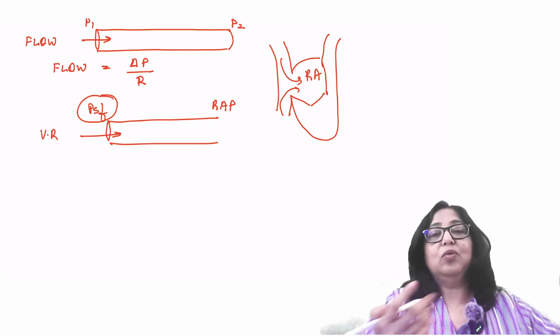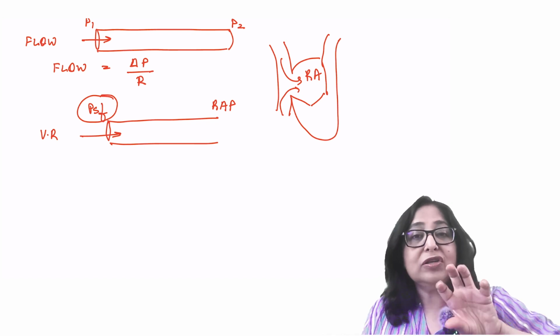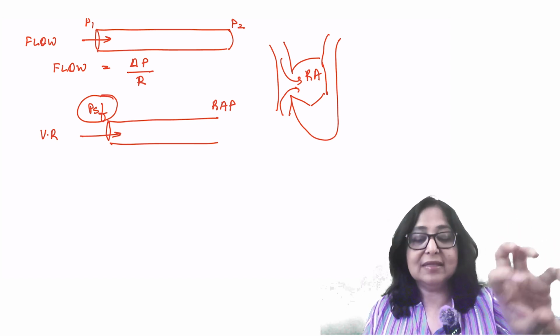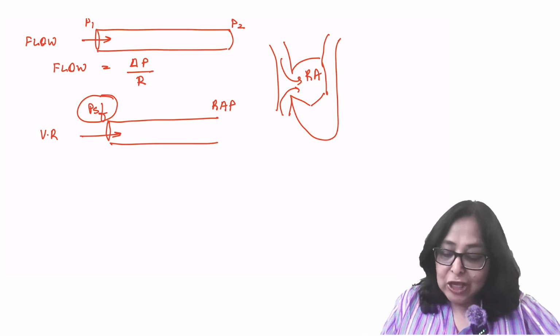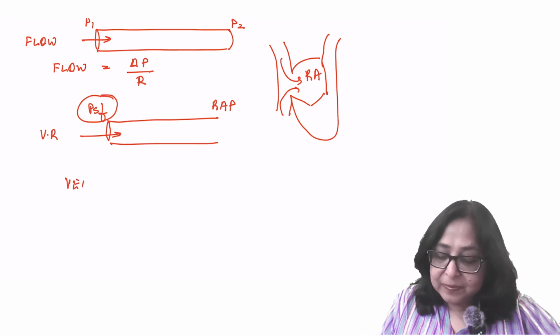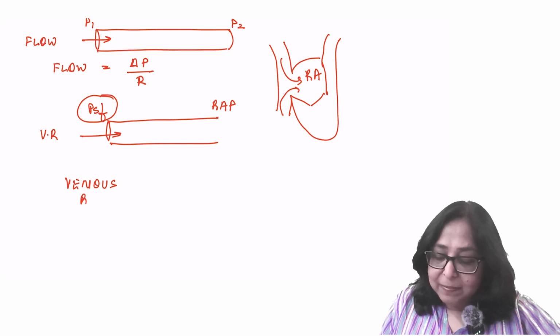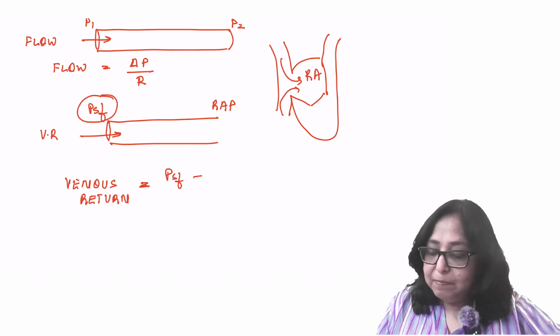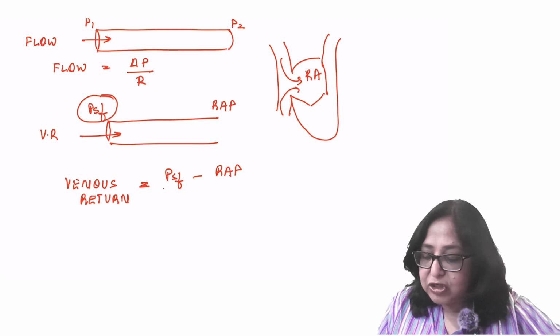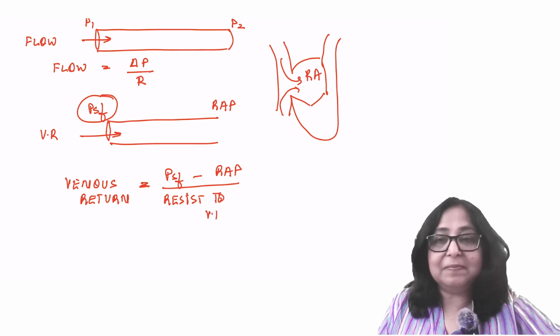Now, when the blood goes into the veins, what is going to drive the blood towards the heart is the mean systemic filling pressure. So for venous return, the formula becomes P1 minus P2, where P1 is mean systemic filling pressure, P2 is right atrial pressure, divided by resistance to venous return.